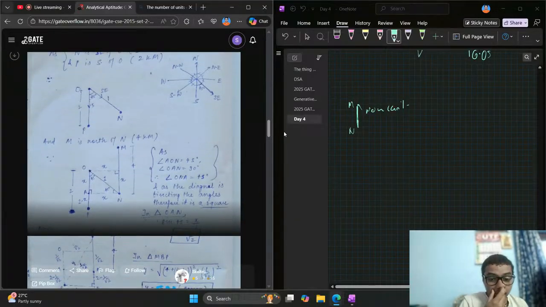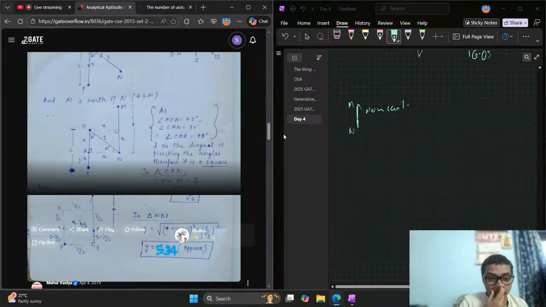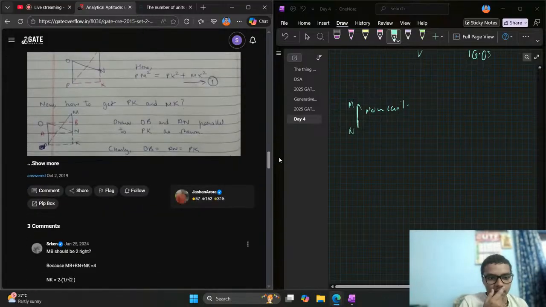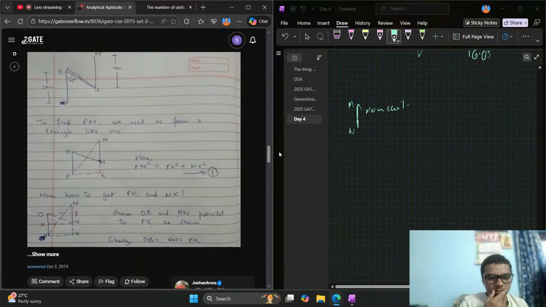Mm-hmm. PM square is equal to PK square plus MK square.